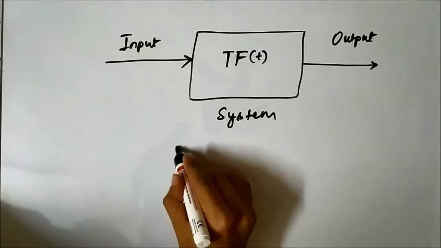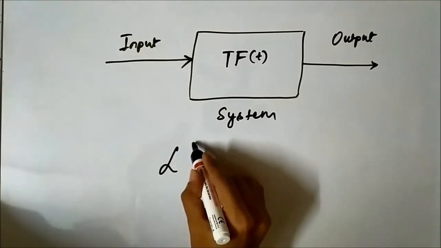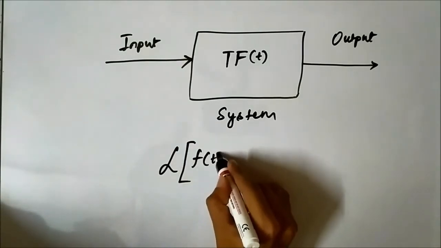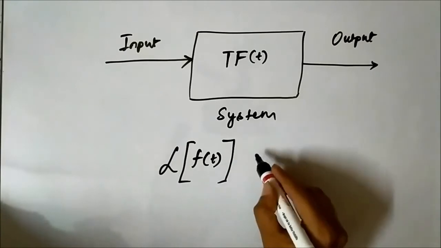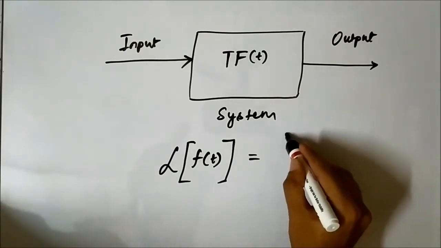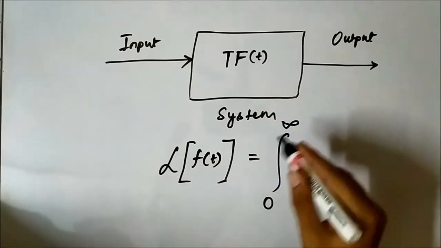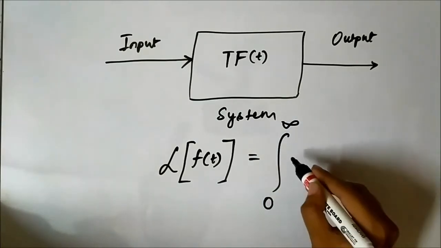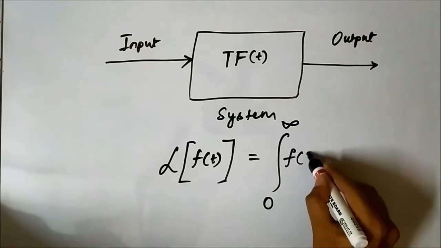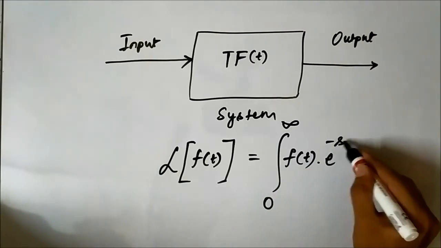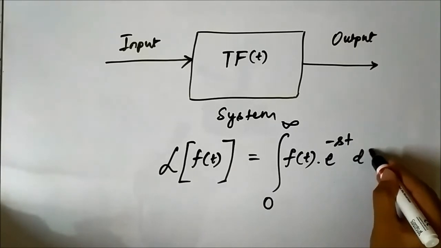The Laplace transform of a time domain signal, let's say f(t), is given as the integration from limit 0 to infinity of the time domain signal f(t) into e to the power minus st dt.